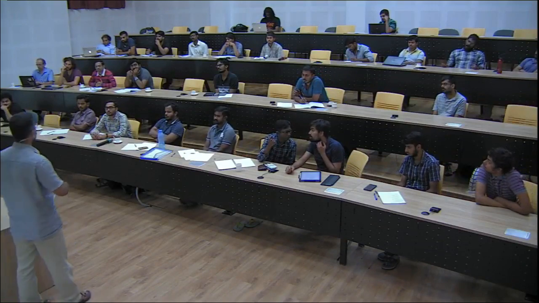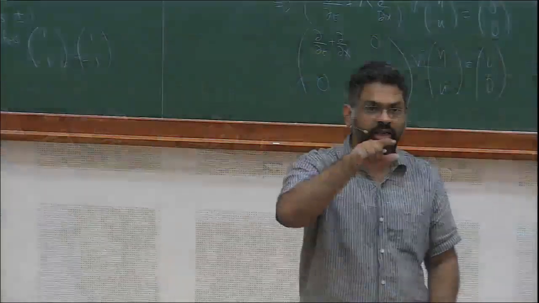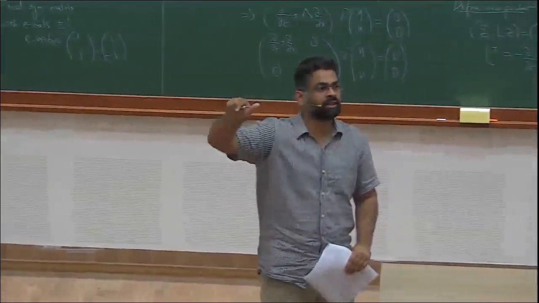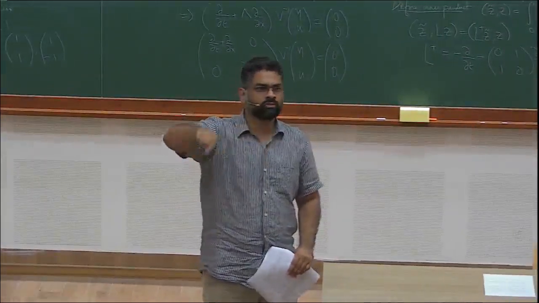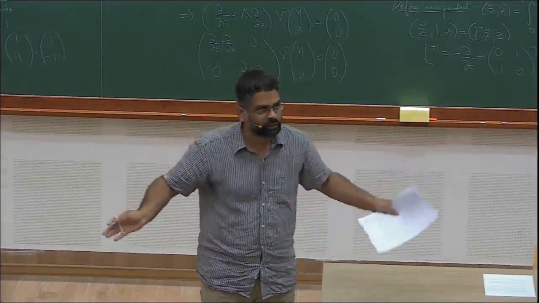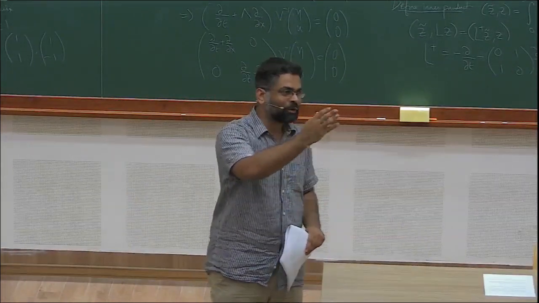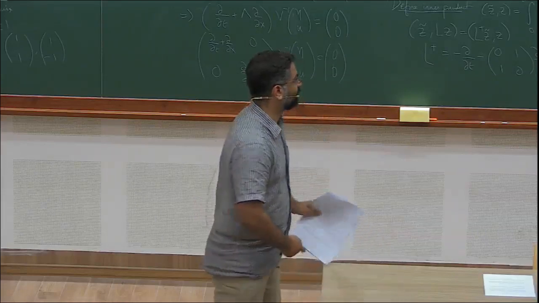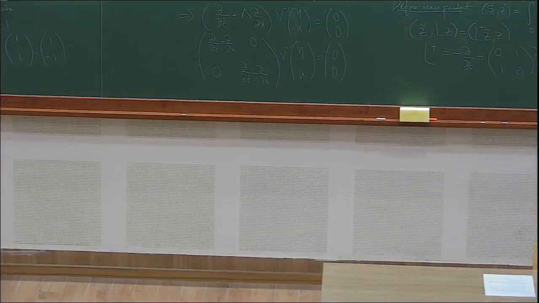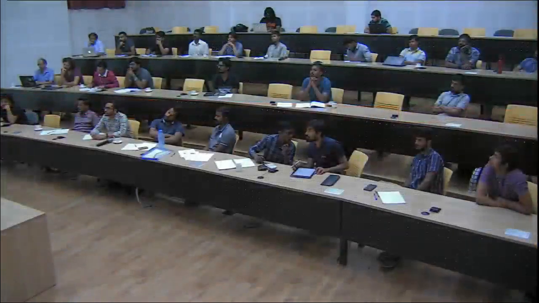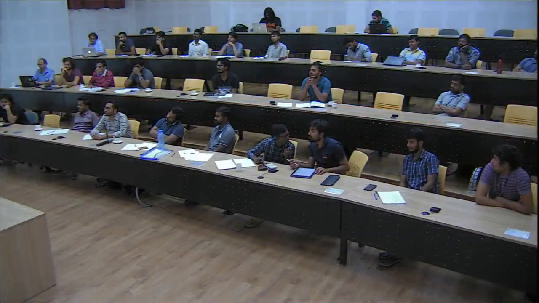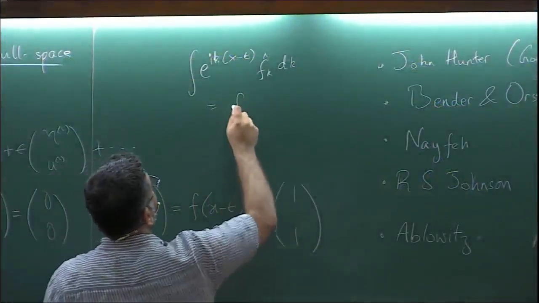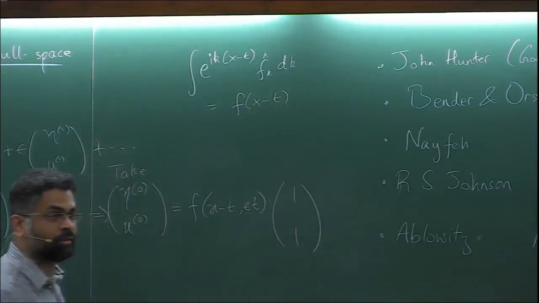Because what I really have is, it's sort of like the best way to write down what the null space is, this, as opposed to a Fourier decomposition. You could write down a Fourier decomposition, and then your Fourier decomposition will be e to the ik, parentheses, x minus t. So then you realize, oh, it's really just a function of x minus t, and I can actually do this Fourier integral. For a dispersive problem, I don't know how to write down the integral. Right? So it really comes down to the fact that if I had e to the ik x minus t some f hat k, I can use the Fourier transform to write this as f of x minus t.